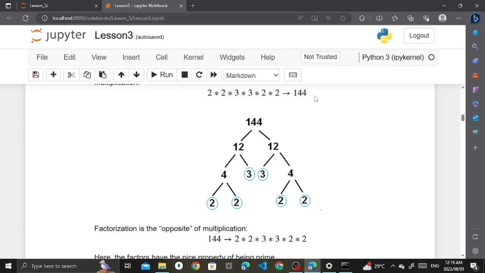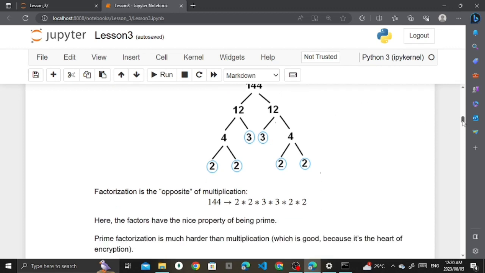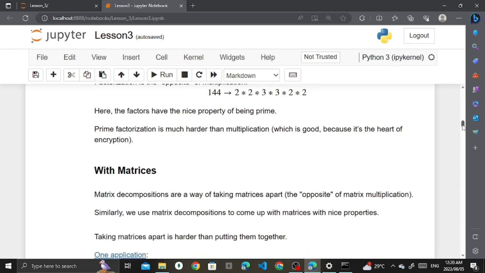You can think of this as decomposing integers into something else, or you could say factorization is the opposite, the inverse of multiplication. The benefit is that 144 is itself not a prime number, but you find a way to represent it through prime numbers, which is a really nice property.